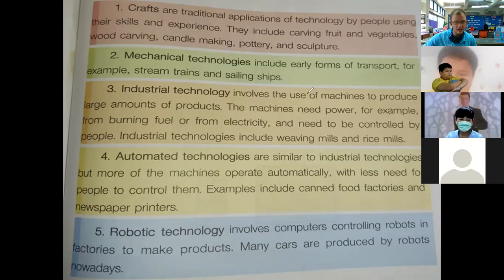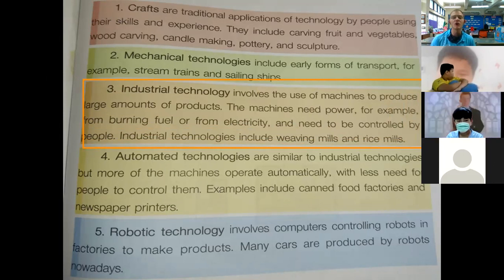But this one is one of the most dangerous ones, because this one is very bad for the environment and can contribute a lot to global warming, like we discussed in our first class this morning. So we have to be careful about what we are using our industrial technology for.